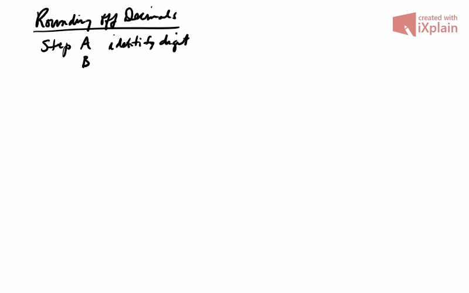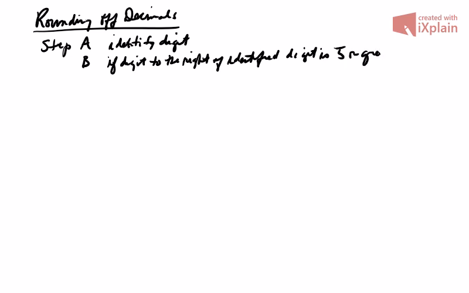Step B would be, if the digit to the right of the identified digit is 5 or greater, round the identified digit up.